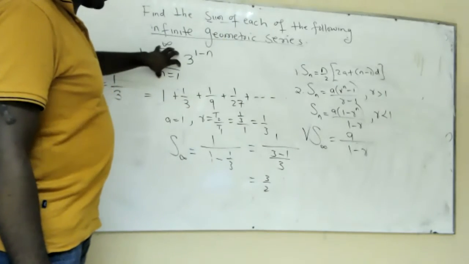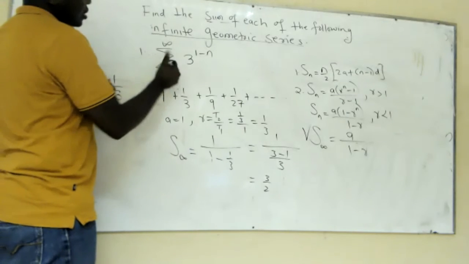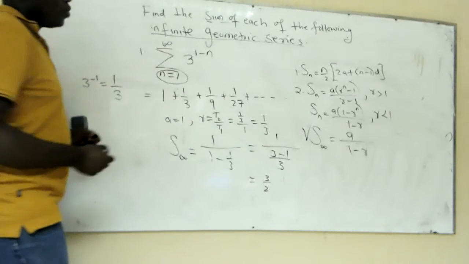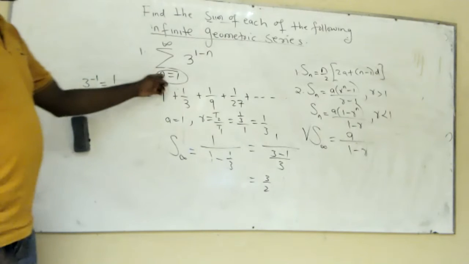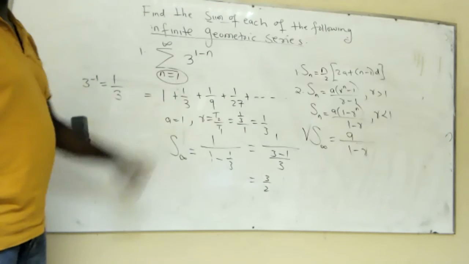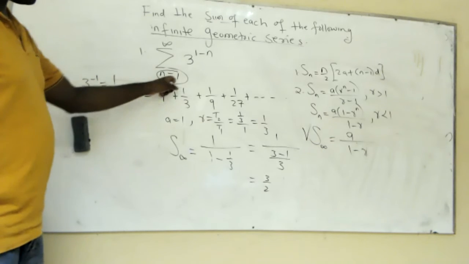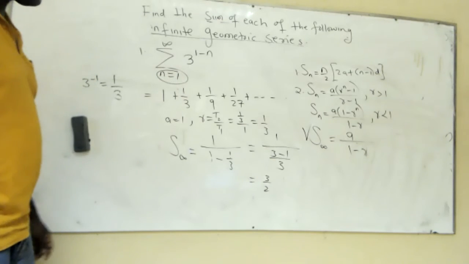So you should be able to treat the summation. In some cases, you may find that they give you a different starting point. So you must be able to attend to questions where they give a different value other than 1. They may decide to start from 0. So you must be aware of such situations where they change this value of n.